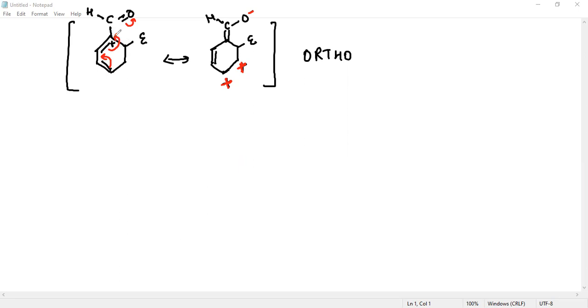So what will happen here? This carbon will try to extract the electron density from the ring, which is already positive. So you get the plus and you get the electron withdrawing group. And now you understand why this carbon is electron withdrawing, because it is attached to this oxygen. So what will happen? This bond would move here.